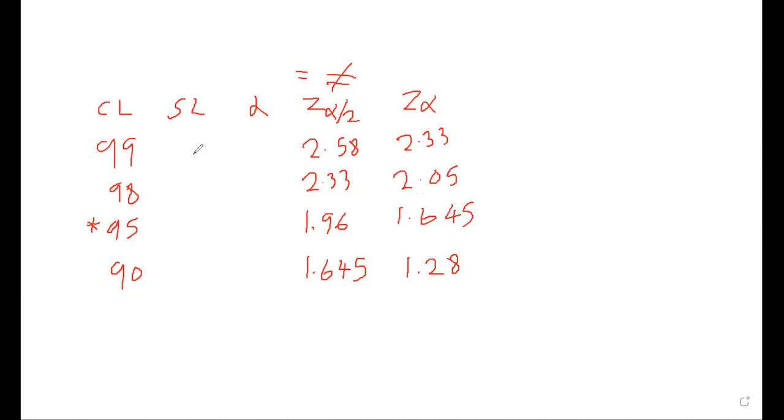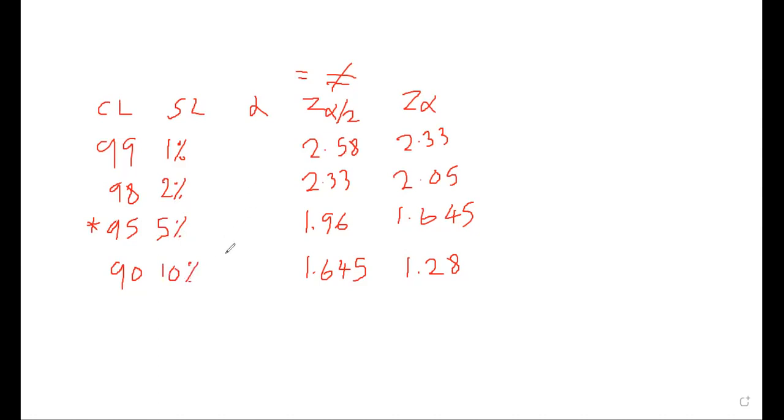The difference from 100 is called our significance level. So here we have 1%, here we have 2%, here we have 5%, and here we have 10%. The 2 must add up to 100.